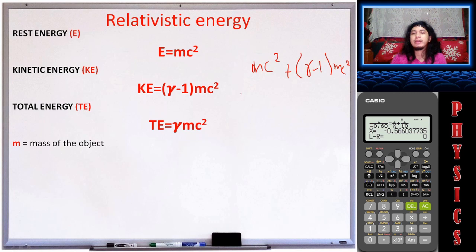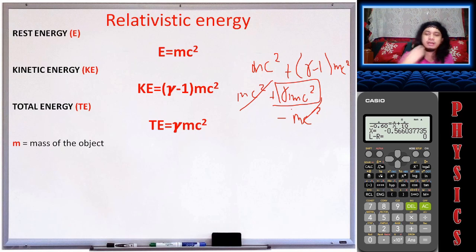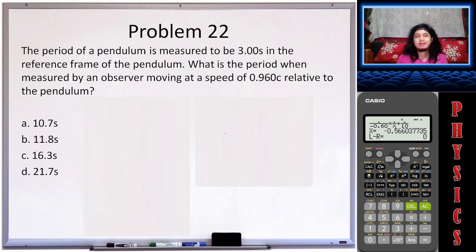So, mc squared plus gamma mc squared minus mc squared. Pag dinistribute natin, cancel. Shing! Shing! Ang natira, si gamma mc squared. And that's the formula for the total energy, relativistic energy. Mayroon pa ba, sir? Of course. Yun na po yun.